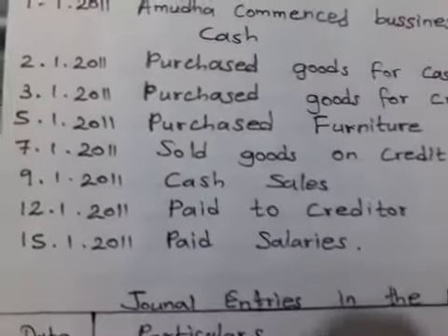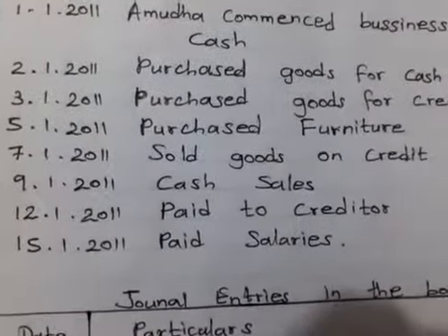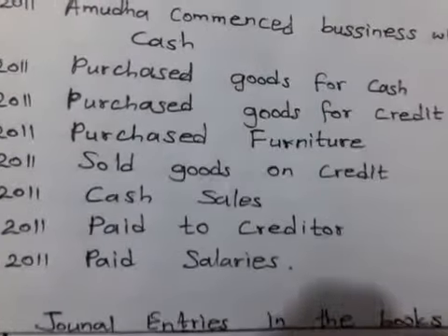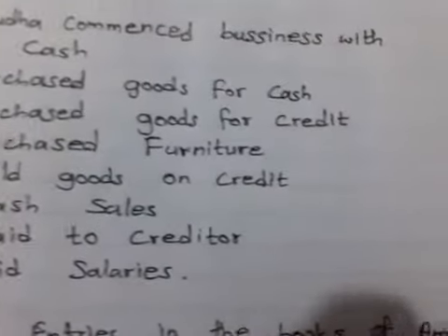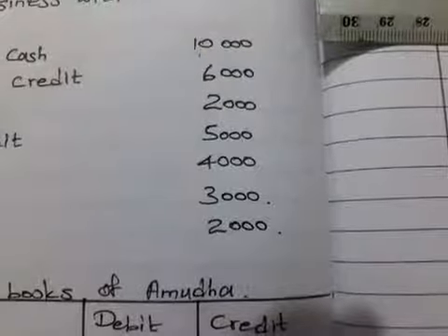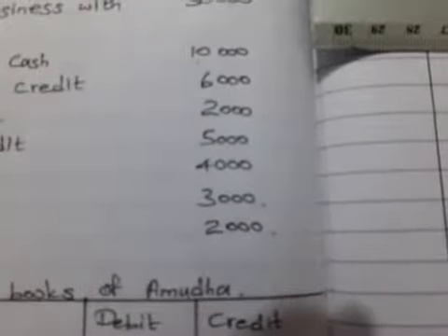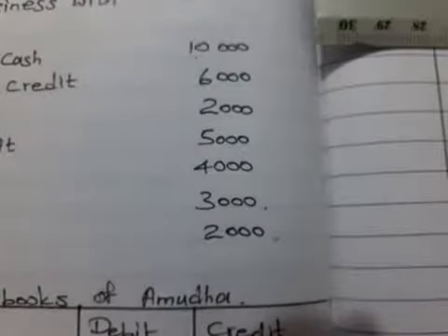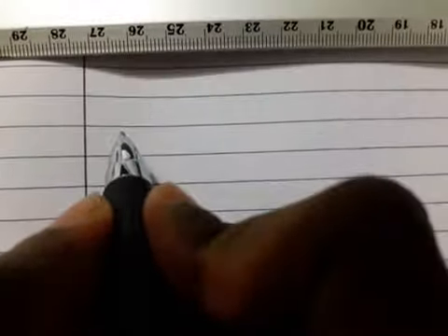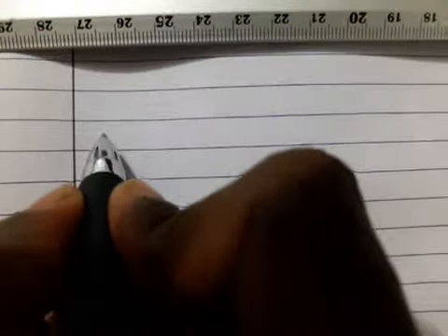Next transaction. It says 7th January 2011, sold goods on credit terms 5000. When we sell the goods on credit terms, it creates the debtors.